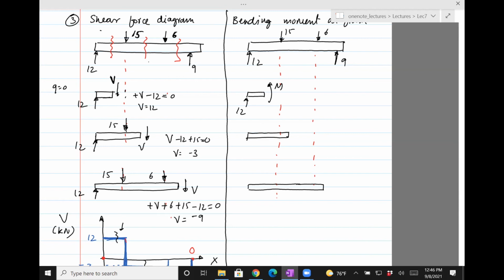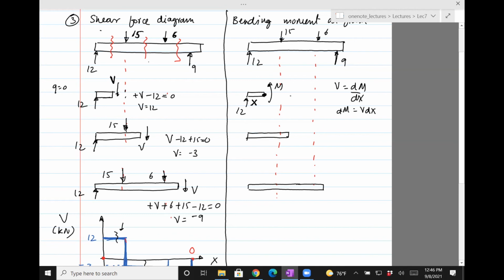Okay, so what we do is we use this equation, V equals dM/dx. So dM is V dx, and if you want to find the moment, the moment is about this point. Let's say that this is the distance x from 12.